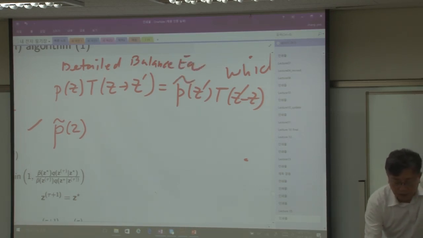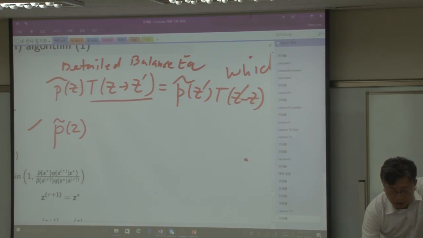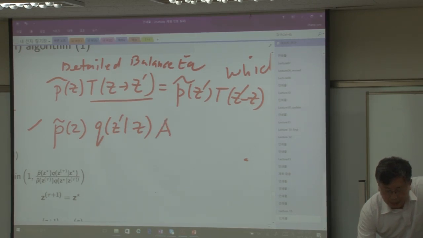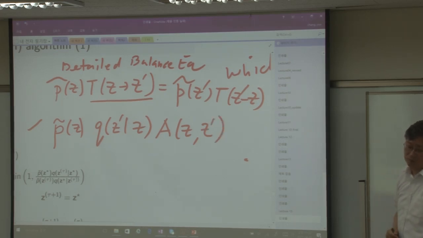And I'm going to use p tilde on both sides. So what is this? On this side, I'm going from q, z to z star, and I'm accepting this with A(z, z prime).